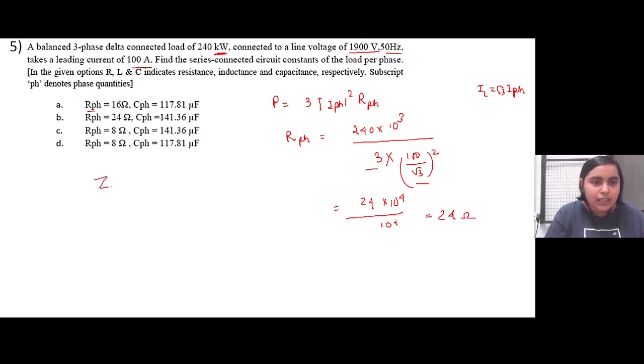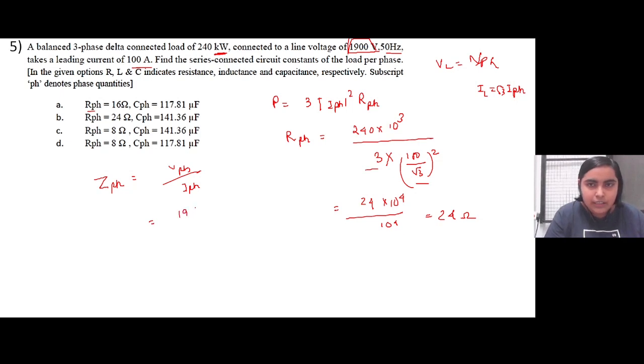Since the line voltage is given, we can calculate the phase voltage. In a delta connected circuit, VL and V phase are the same thing, so we can calculate Z phase, which is V phase by I phase.